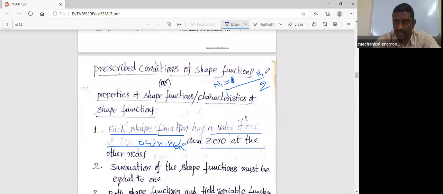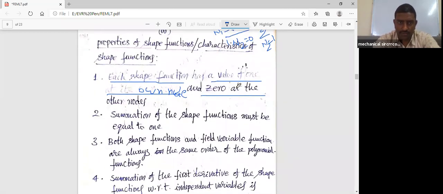Similarly, at node 2, the N2 value is 1, and at node 1, the N2 value is 0. So this is one property.